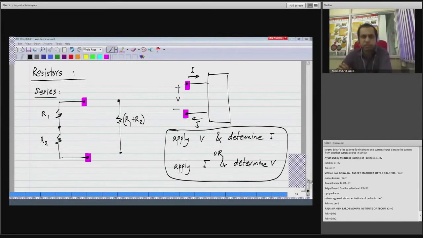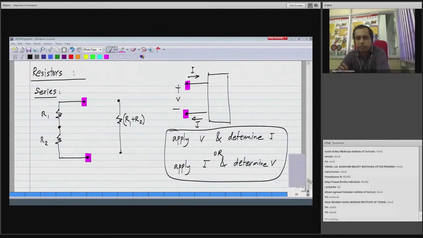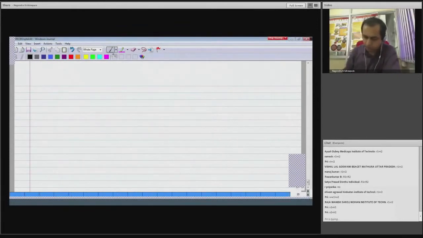In this course, you will later be asked what is the equivalent of this circuit or that circuit. And the way to find out is by applying a voltage and determining the current, or applying a current and determining the voltage. So, now let us do that for our combination.